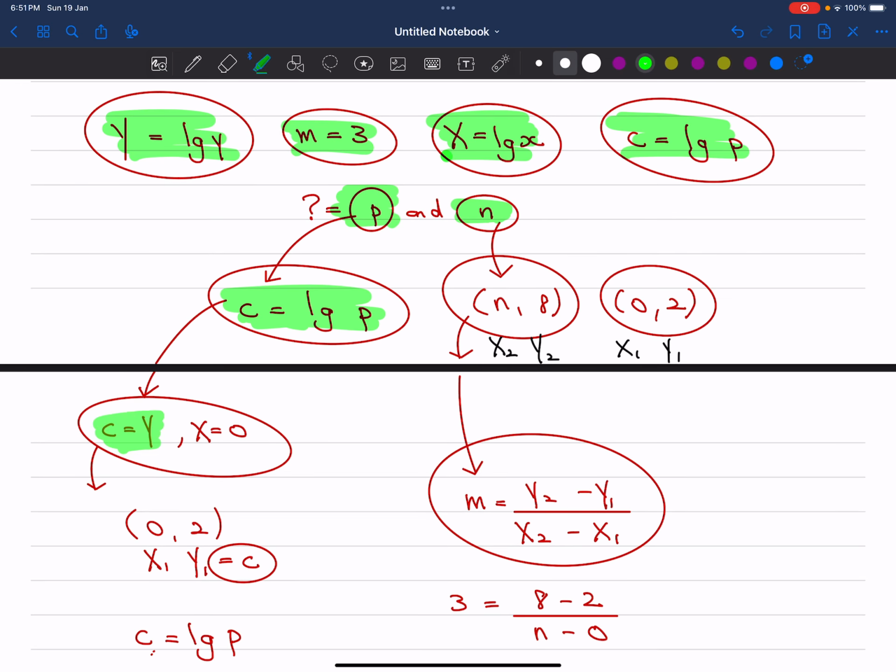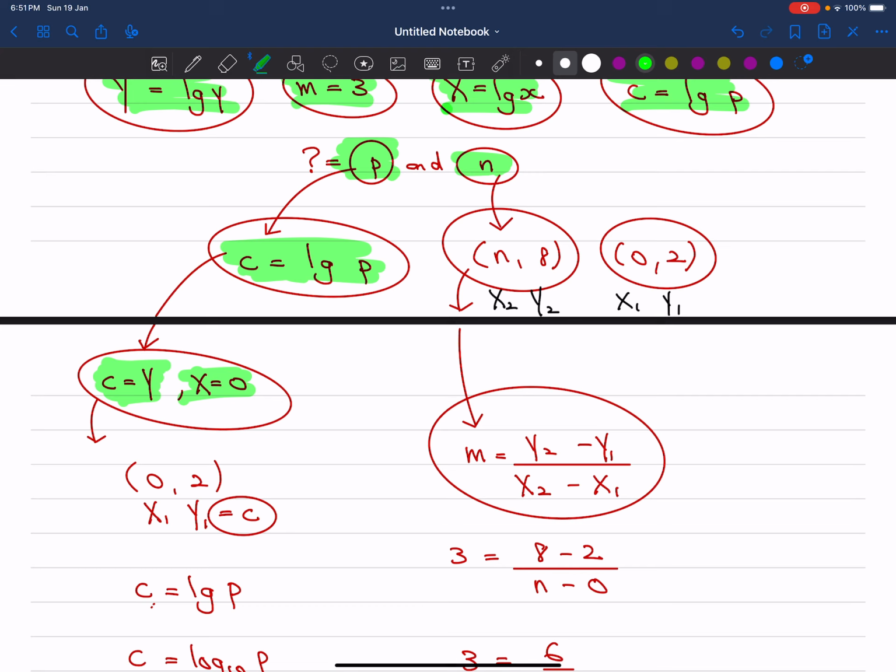So I use one of the coordinates given, that is (0, 2), which I labeled just now capital X1, Y1. Therefore, the 2, which is Y1, is c, because X1 is 0. When X is 0, the Y is c.